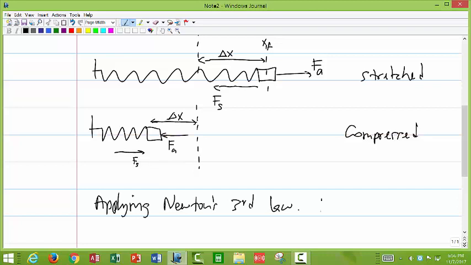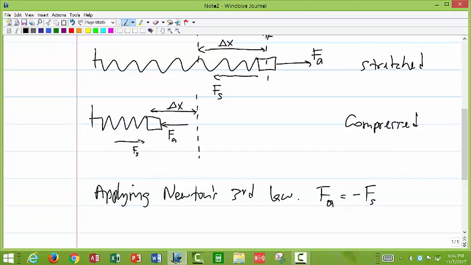We see that the force applied is equal to minus the force of the spring, and this is true in both scenarios. If you stretch, the applied force is in the right direction in the first case, and it's positive, and the force of the spring is negative. Anytime you apply force, the spring acts in an opposite direction to you.